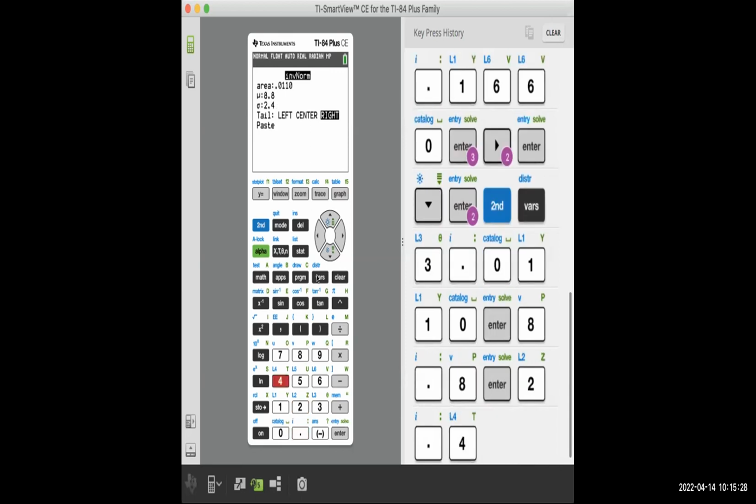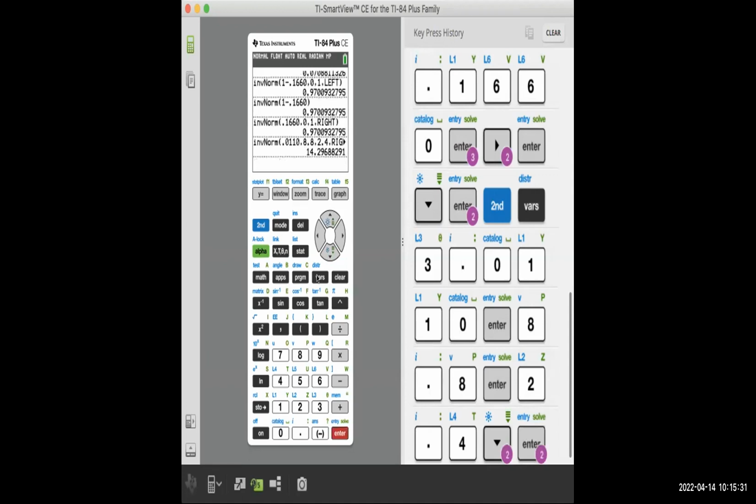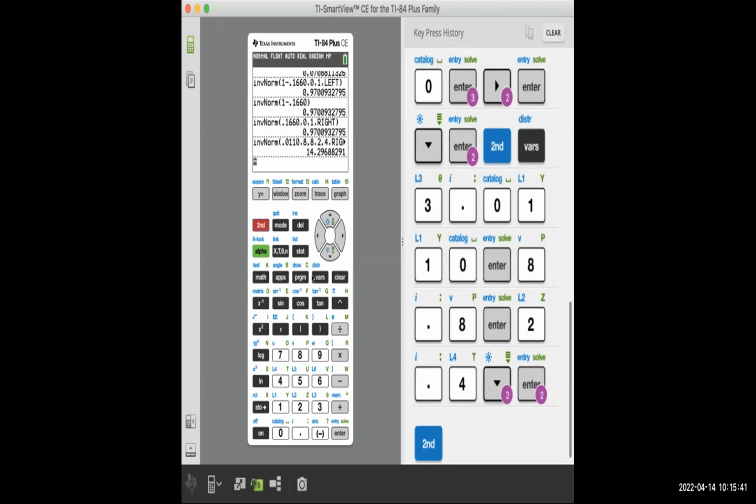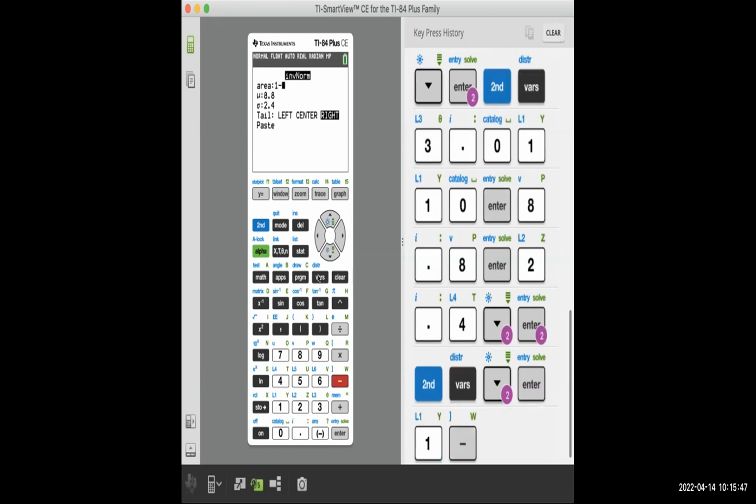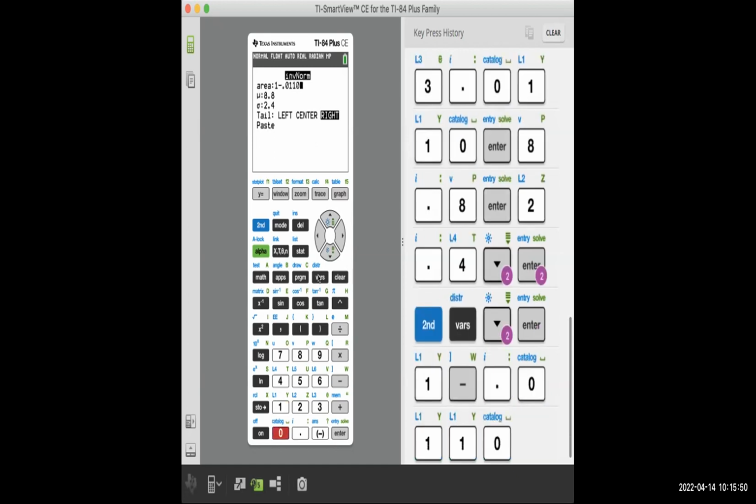And we want a right tail. And so you get 14.2968829, or you could do the inverse norm of 1 minus 0.0110 and have it as a left tail.